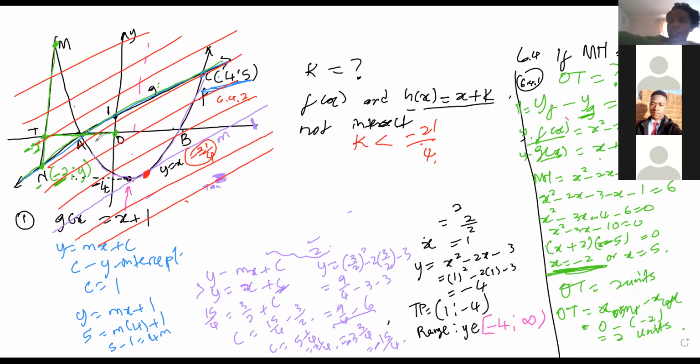They want anywhere where the line is not going to intersect. So the only place that is not going to intersect is below this point, which is where K is less than minus 21 over 4. Okay, so if you don't have any questions, then we can move to trigonometry.